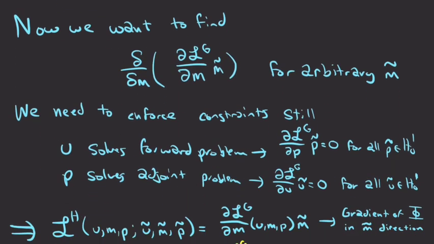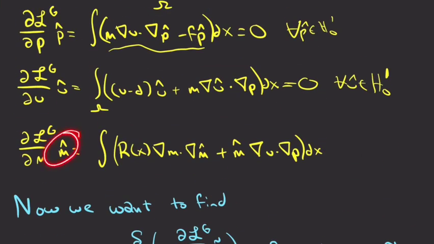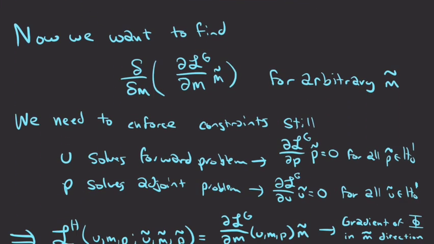Similar to before, we now want, given an arbitrary direction that we'll call m tilde, to compute the full derivative of this expression with respect to m for arbitrary direction m tilde.